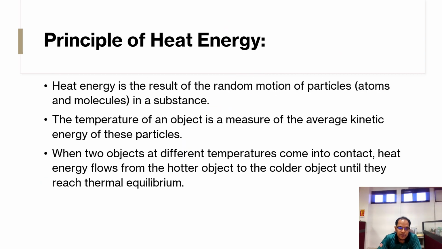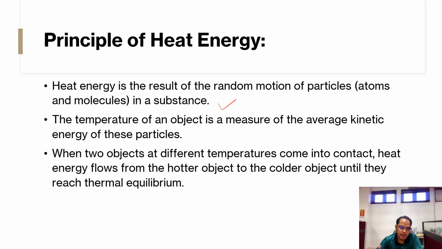So here is the principle of heat energy. Biasalah kalau main temperature kita akan main dengan heat energy. The heat energy is the result of the random motion of particles, atoms and molecules. Maksudnya kalau kita panaskan, maka ini hukum Brown kan, bila kita panaskan maka molekul tu akan bergerak secara rawak. Bila dia sejuk, maka molekul tu akan lebih sustain atau expandable lah.